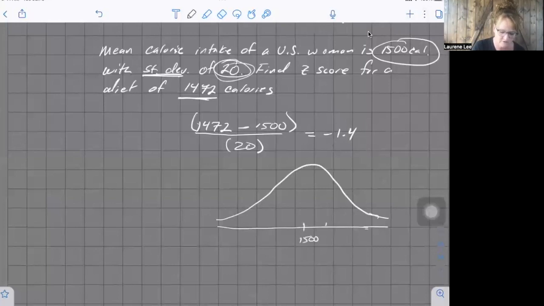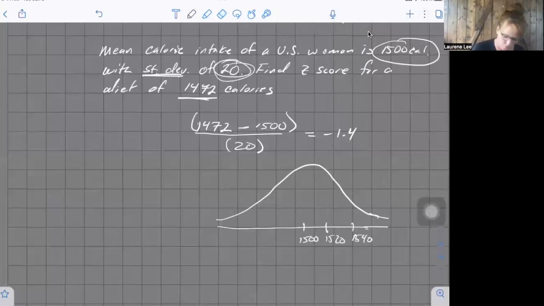So that means my first mark here is 1,520. My second mark is 1,540. And remember, the empirical rule is going to say 34% of the data is between these two numbers right here. Okay, and then another 13.5 between these two numbers. And then I can do the same thing in the other direction.